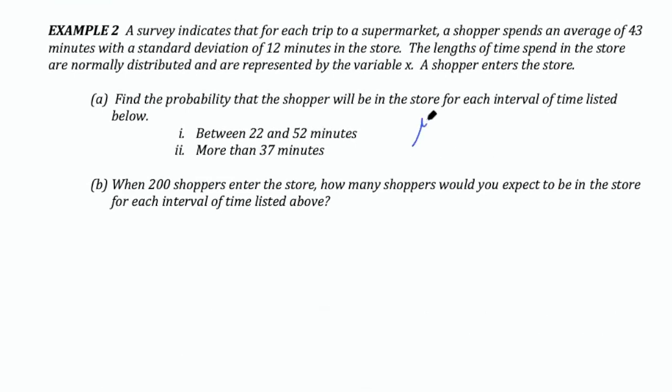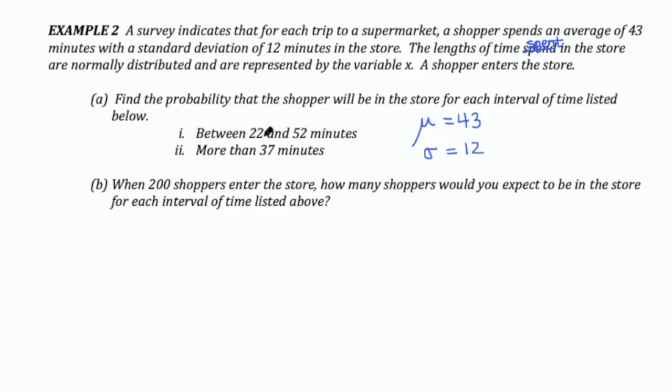So once again, mean 43, standard deviation 12. The lengths of time spent in the store are normally distributed and are represented by the variable x. A shopper enters the store. Find the probability that the shopper will be in the store for each interval of time listed below.